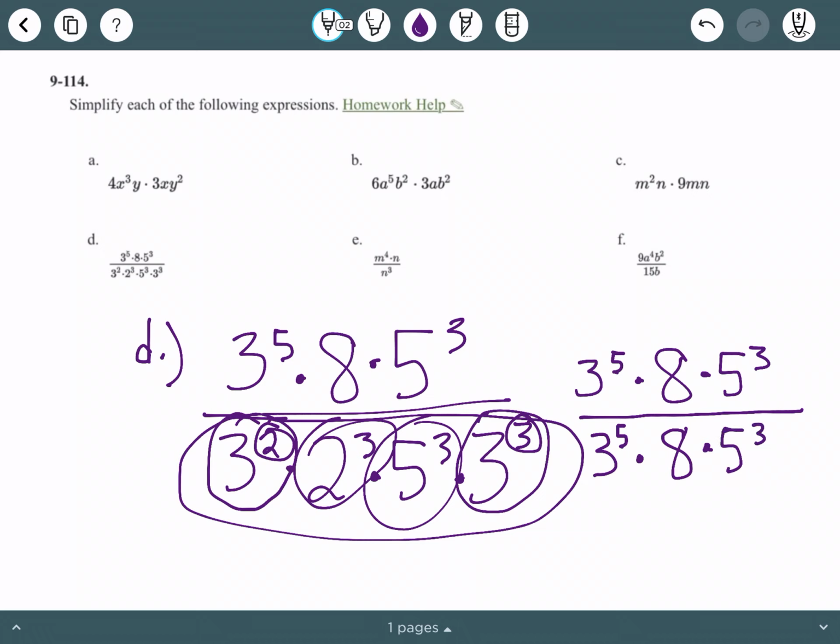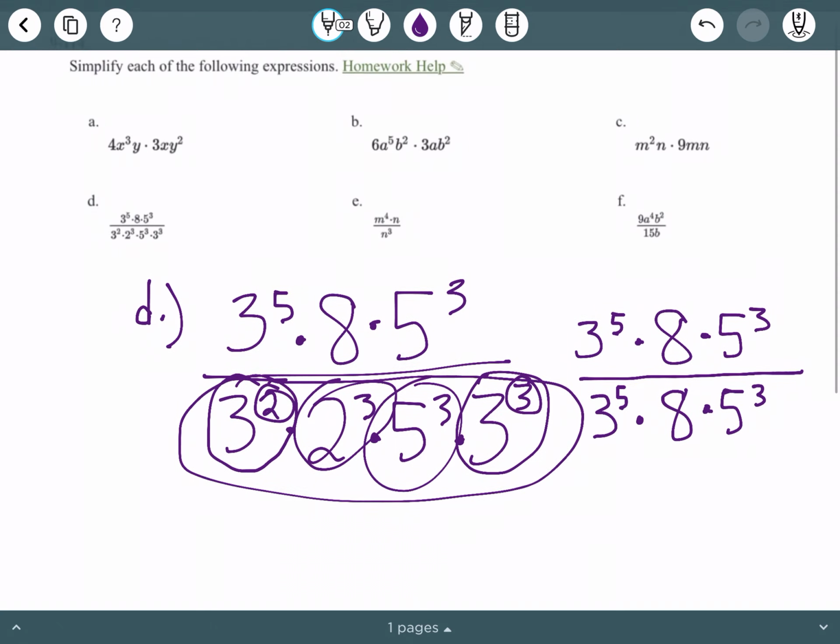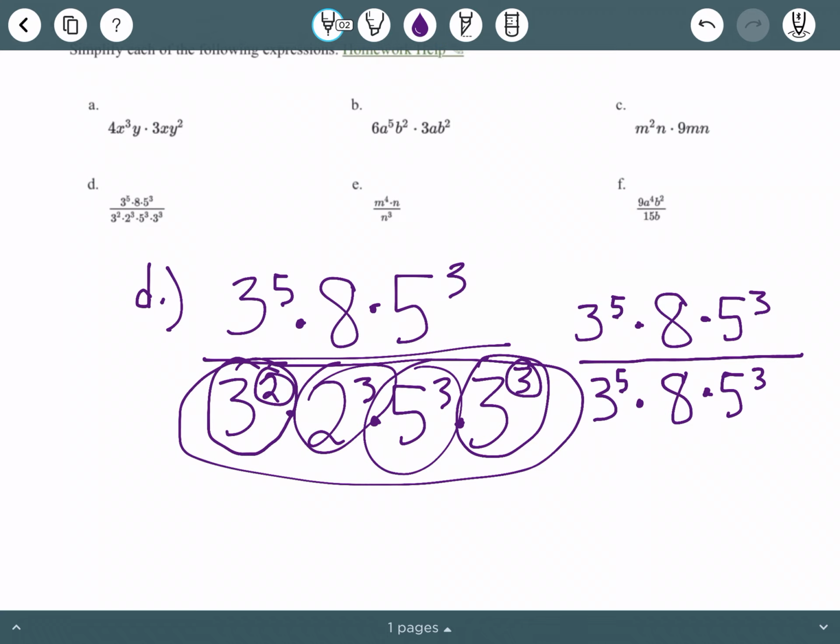So now I'm given this expression of 3 to the 5th times 8 times 5 to the 3rd over 3 to the 5th times 8 times 5 to the 3rd. You've probably noticed that it's the same on the top and bottom. Now, when we are dividing, you know that we subtract exponents, and we're going to divide the bases as well.